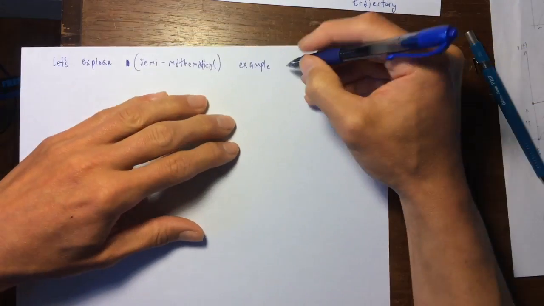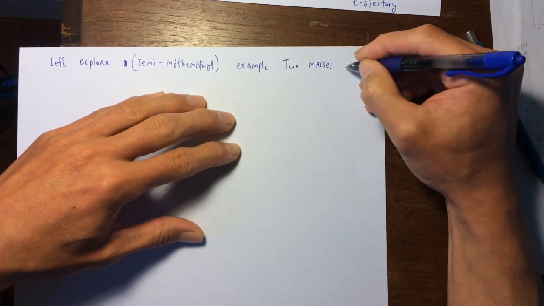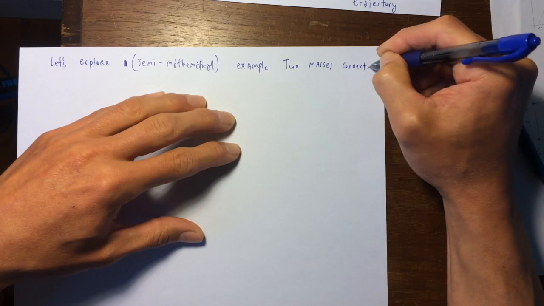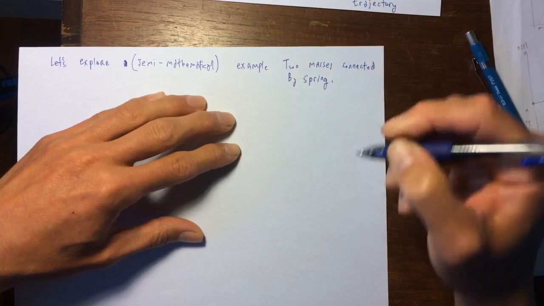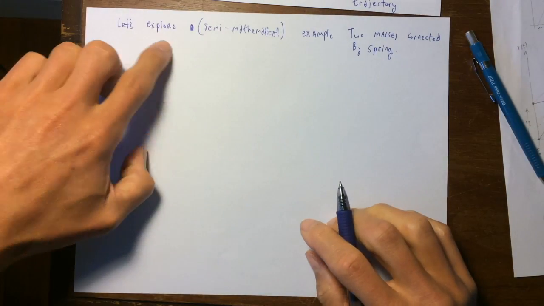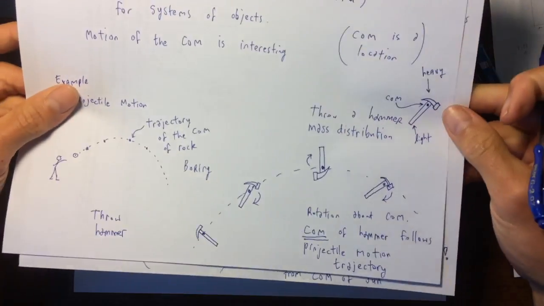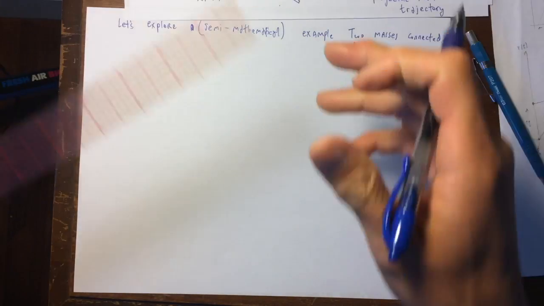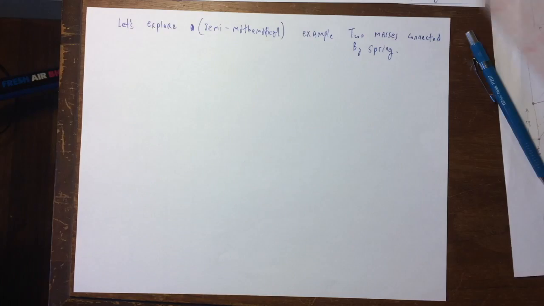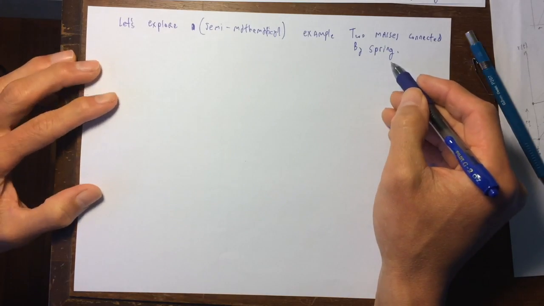And the example is two masses connected by a spring. So it's going to be more technical sounding than, you know, little comic strip drawings or whatever. And I'm going to use a ruler for that technical adventure. So two masses connected by a spring.